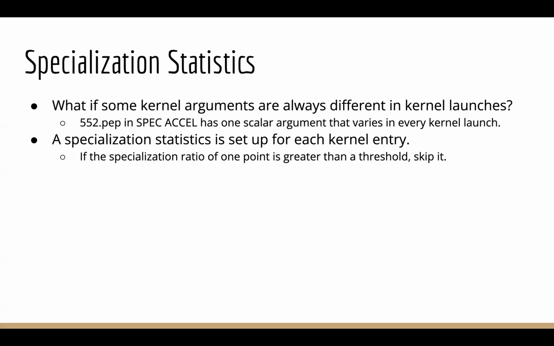And if the specialization ratio of one point is greater than a predefined threshold, then we skip that specialization. Next time we can use the more generalized version. This saves us a huge host-side overhead, and we can see the performance improvement later.